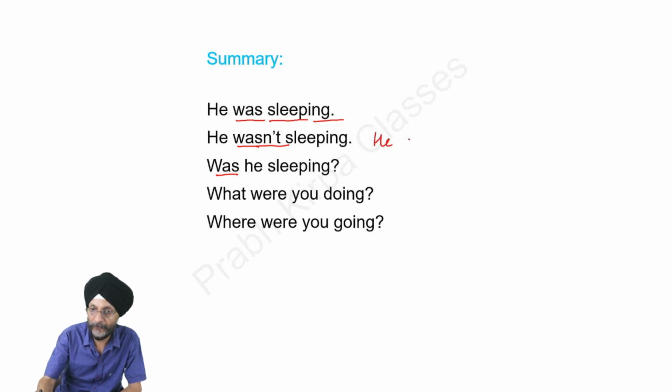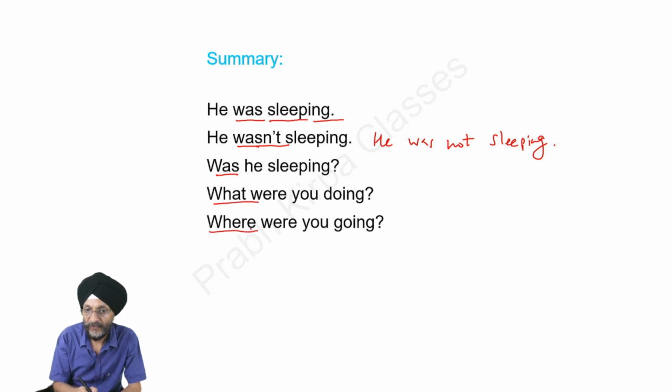If we write it in full form, "he was not sleeping," this is also correct. You may use any of the form. And this is the interrogative sentence. "Was he sleeping?" This is the WH form of the question. "What were you doing? And where were you doing?"